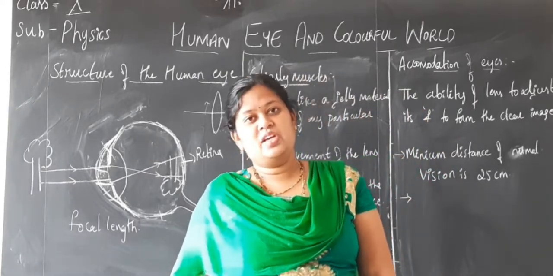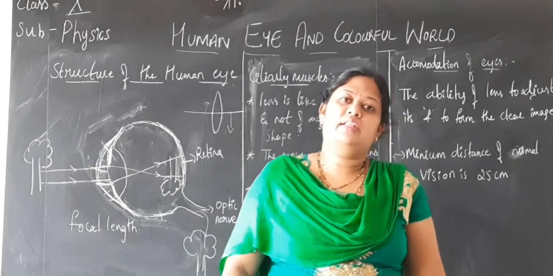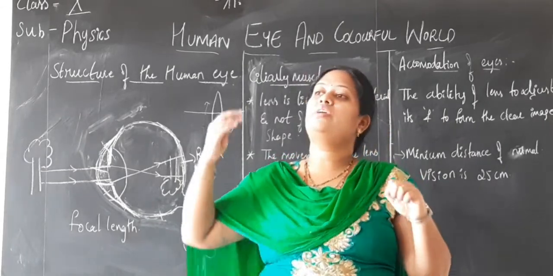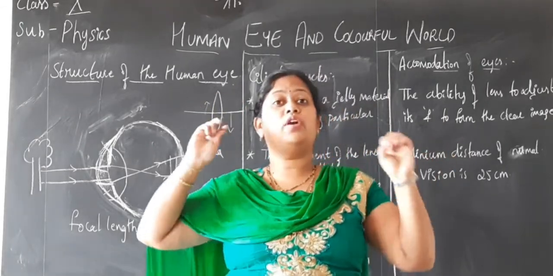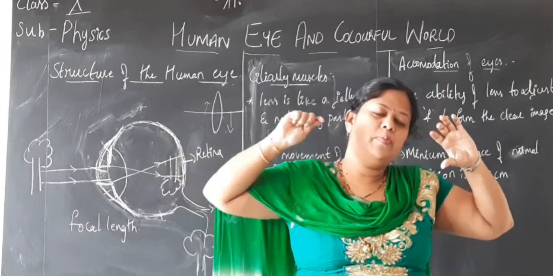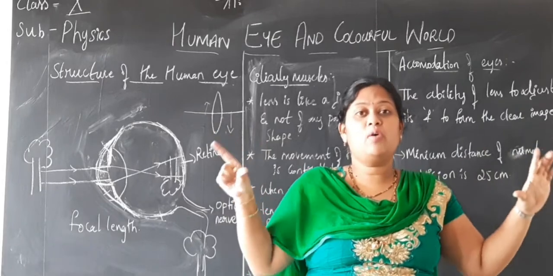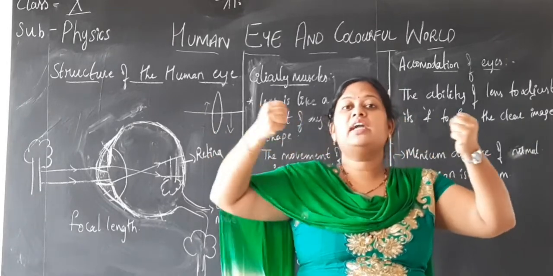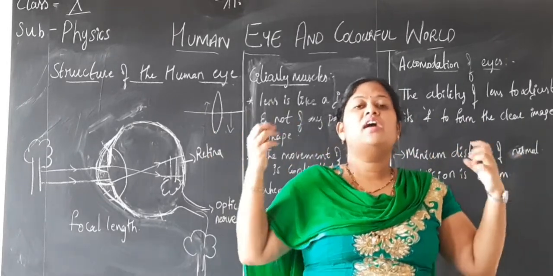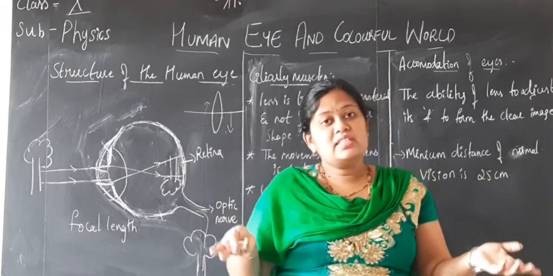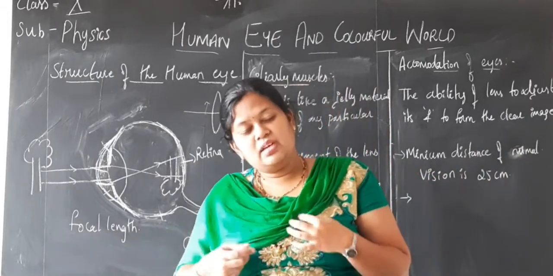So you're decreasing the focal length. But if I ask you to watch some farther object and you're not able to see, what do you do? You widely open your eyes. You widely open your eyes means the lens gets expanded, its focal length increases, and the lens is becoming thinner, children.